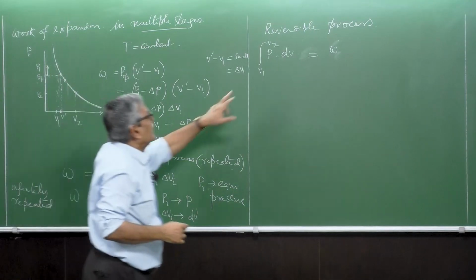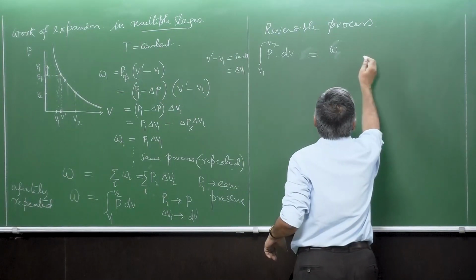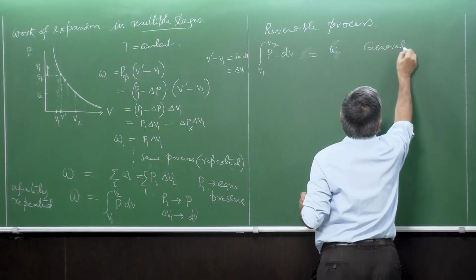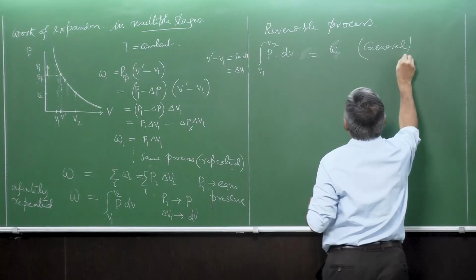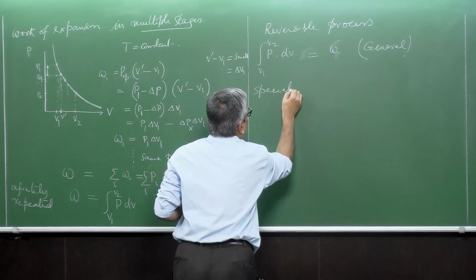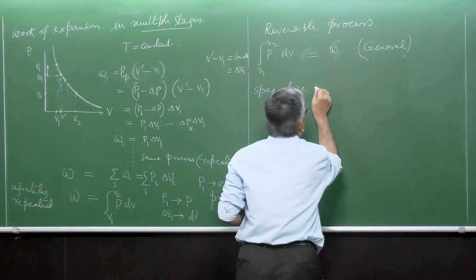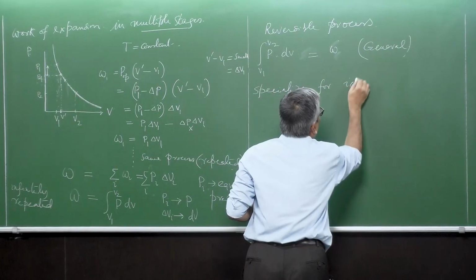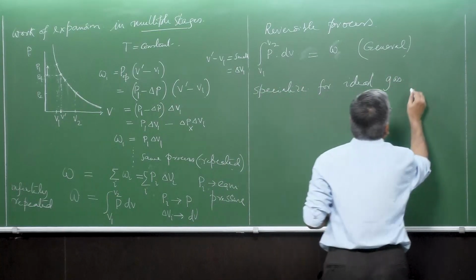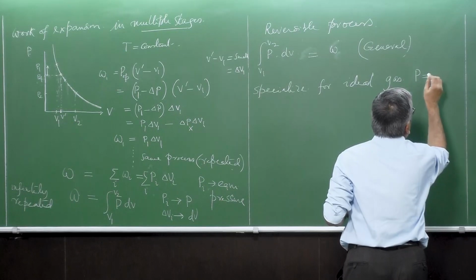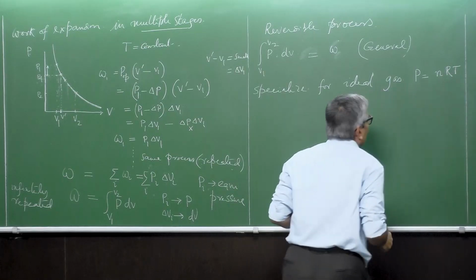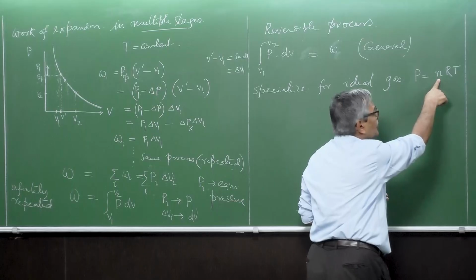So this is the general formula, a perfectly general result, but for a specialized case, the ideal gas, I have an equilibrium pressure P equal to nRT divided by the volume, where R is the universal gas constant, T is the temperature, and n is the number of moles.